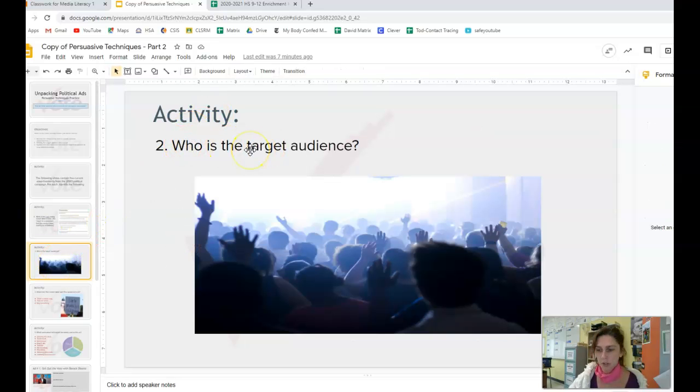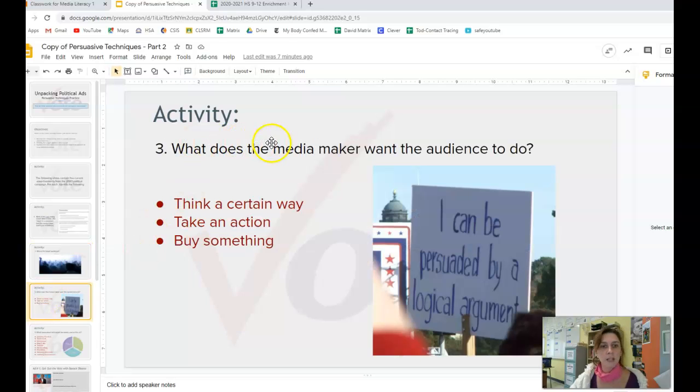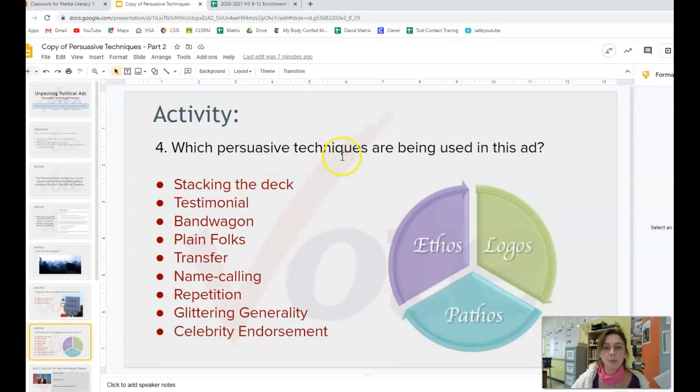Second, you're going to tell me who's the target audience. Who do you think that this particular ad was made for? 3, what does the media maker want the audience to do? They want us to think something, take an action, buy something. What do they want us to do? And 4, which persuasive techniques are being used in this ad?